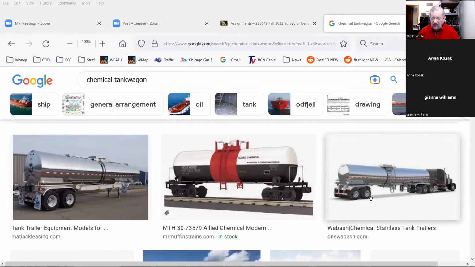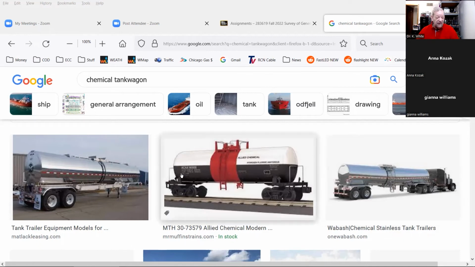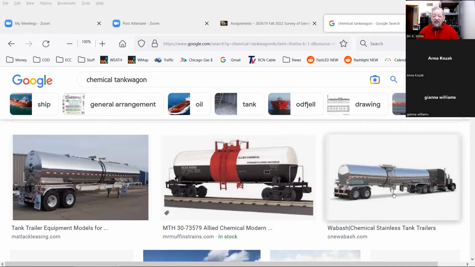Well, why am I showing this? Tank wagons are standardized. Those are also the same ones that bring gasoline to gas stations. They're 40,000 pounds, 5,000 gallons, period. This one over here, they call it a tank trailer. No, it's a tank wagon. And if you notice the ladder on there, that's so you can go up there to make sure it's clean in there.